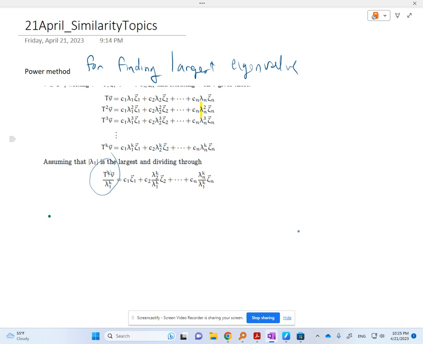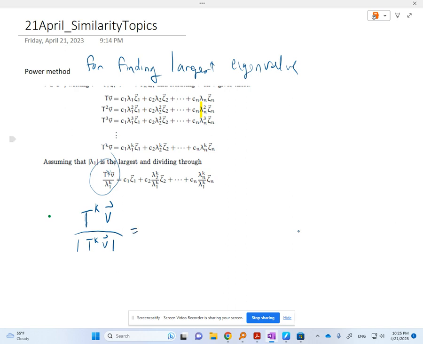I'm going to do this a little bit differently. Let's try to evaluate this, T to the k v over the norm or length of T to the k v. All right, let's do that.